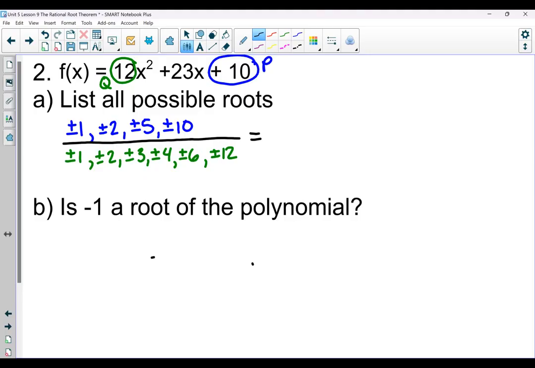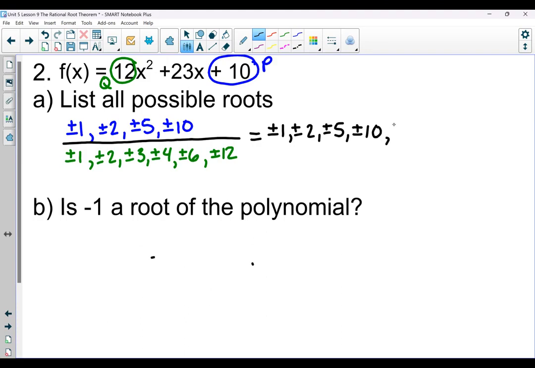Our list of actual possible zeros comes from dividing each of those. So first we're going to divide all of our numerator by 1, resulting in plus or minus 1, 2, 5, and 10. Then we go through and divide all of our roots by 2.